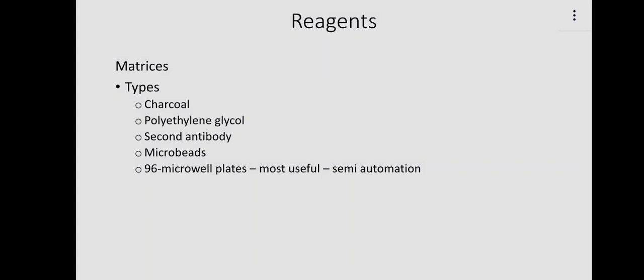These include charcoal, polyethylene glycol, second antibodies, microbeads, and the most common and most useful of them all is the 96 microwell plate. So these plates also allow some bit of automation, as we have mentioned previously.